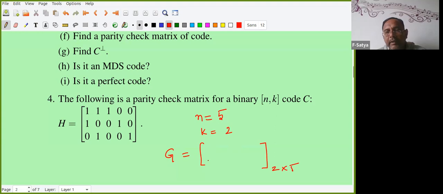You know, first the identity matrix will come, right? So a 2 by 2 identity matrix will come, so 1 0 0 1. What are these two vectors? This first column now becomes a row, right? The second column now becomes another. So this is my G.